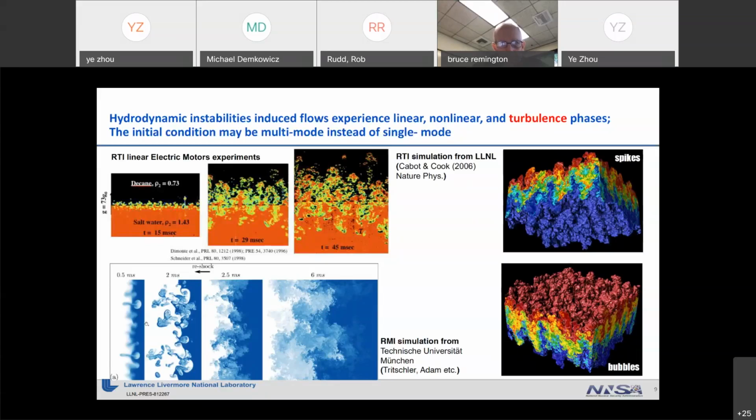And the same story is true for the Richtmyer-Meshkov instability. So here is a sequence of numerical simulations for the RM instabilities. It's very similar to Rayleigh-Taylor, but in a lot of these cases there are additional complications.